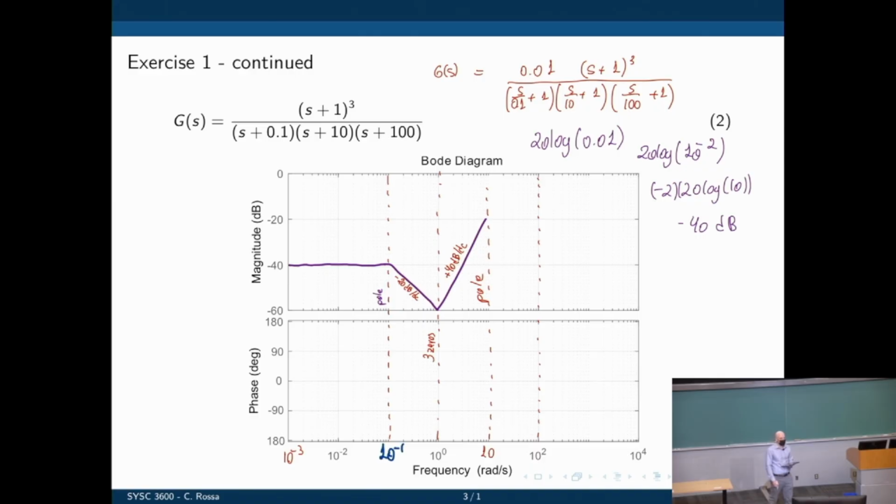So the slope changes to plus 20 decibels per decade, which means that 1 decade from now, we should be 20 decibels higher than we are at 10. So at 100, which is 10 times our frequency of 10, we should go to 0 decibel. So this is plus 20 dB per decade.